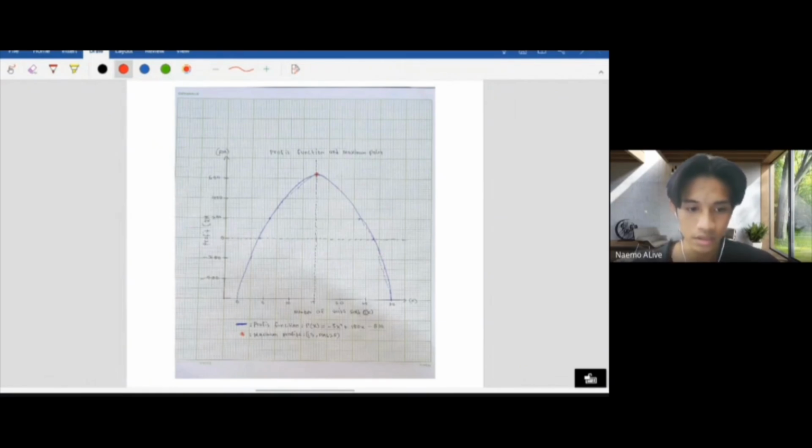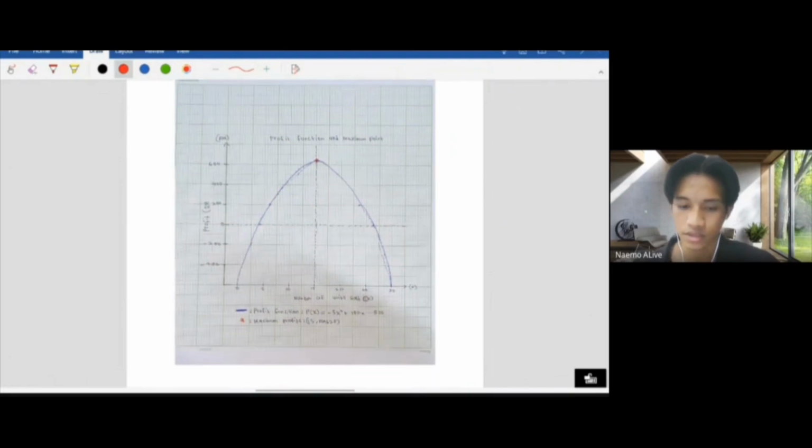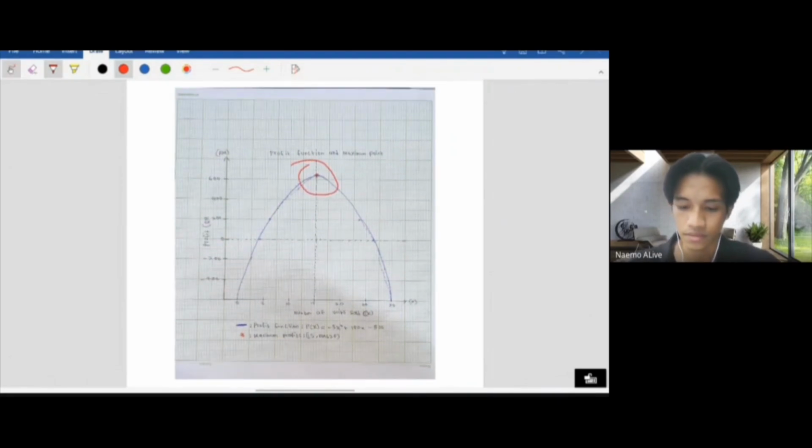The graph is a downward opening parabola with the maximum point at x equals 15 and P(15) equals 625. The maximum point indicates the number of units where the profit is the highest. And that's all for me.